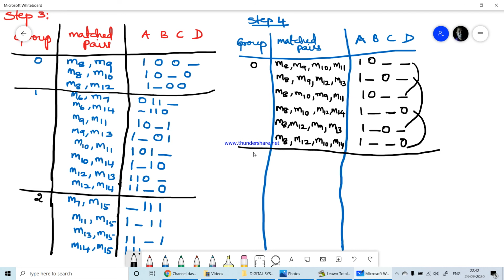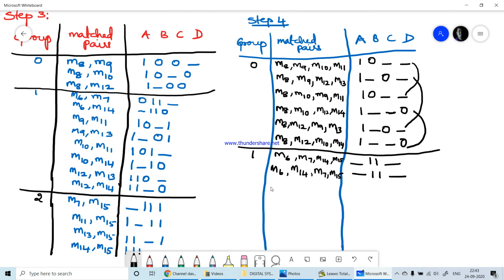So similarly group 1 will have M6, M7, M14 and M15, which is dash 1 1 dash. Then you will have M6, M14, M7, M15. Again you will have dash 1 1 dash.